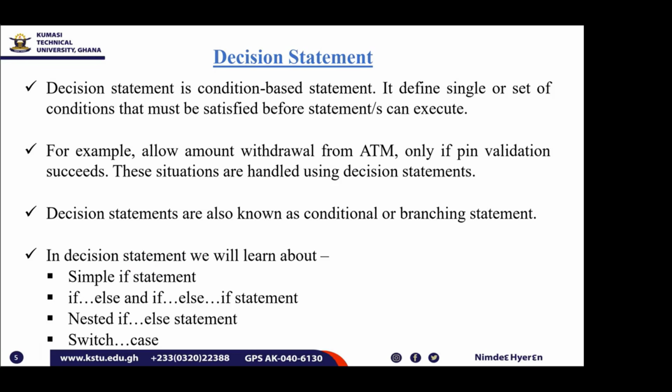Now, in decision statements, we will look at the simple if statement. If this happens, then what should happen? Then we'll look at the if else statement. If this happens, this should happen. Else, if it does not happen, this should happen.